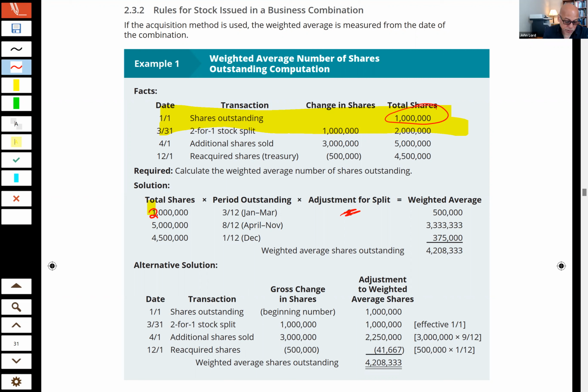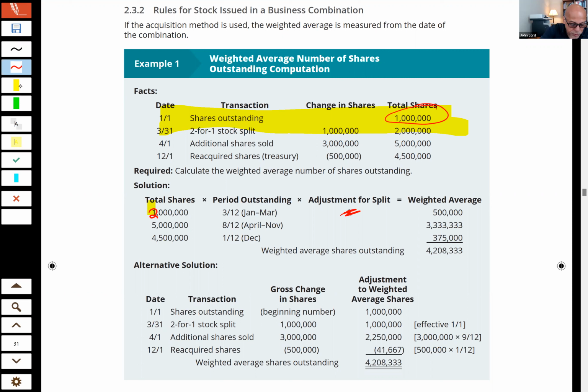The split happened after about a quarter of the year, March 31st, but I'm going to assume it was at the beginning of the period. But then on what?